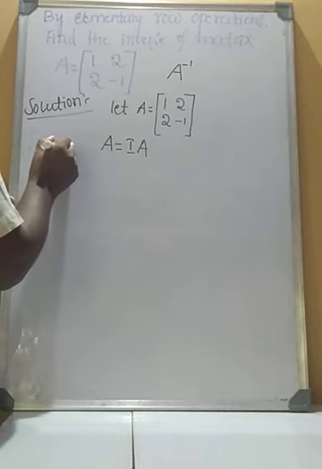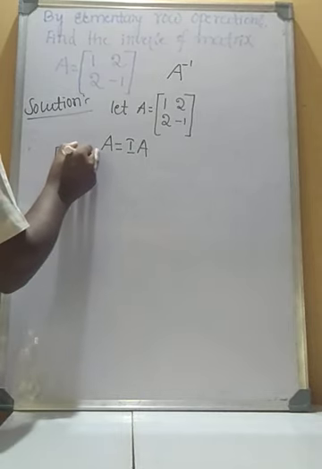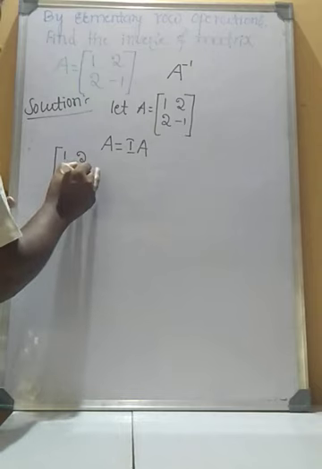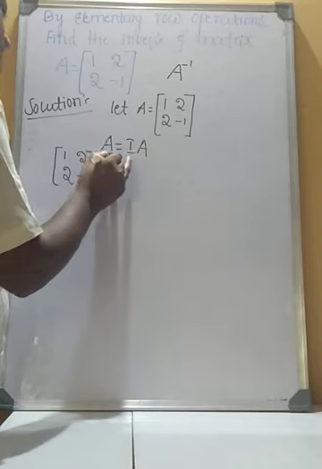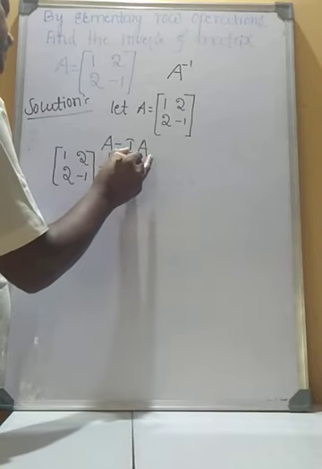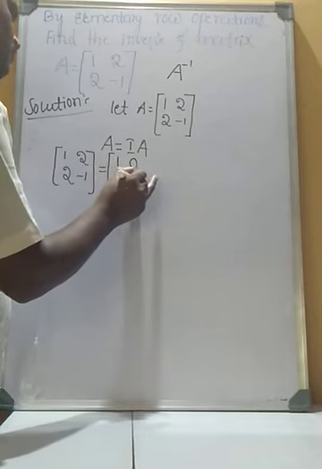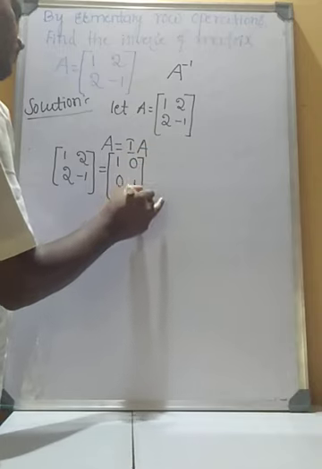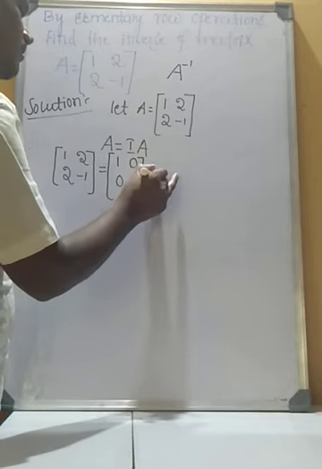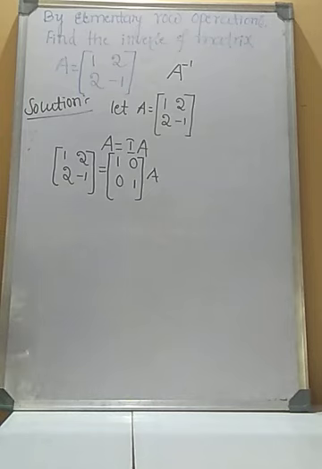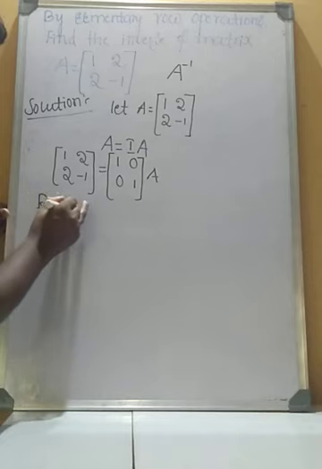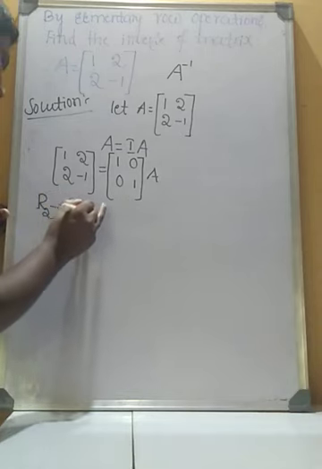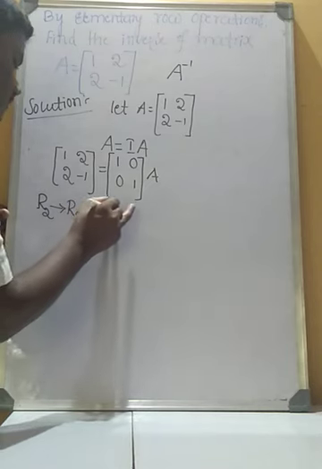So A is 1, 2, 2 minus 1 equals I, the identity matrix of order 2, 1, 0, 0, 1 into A. Applying the operation R2 becomes R2 minus 2R1.